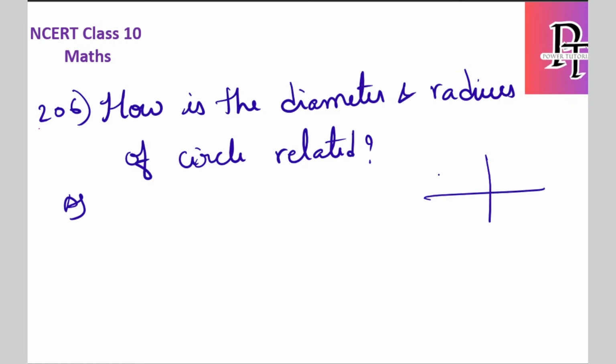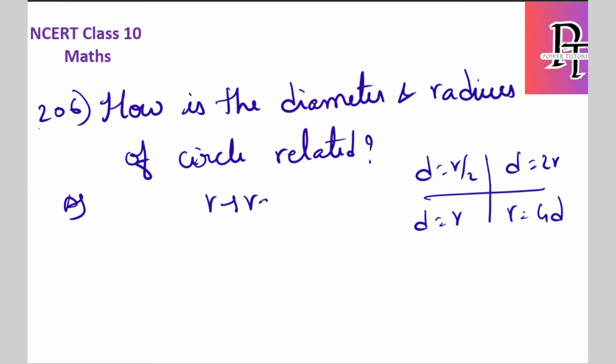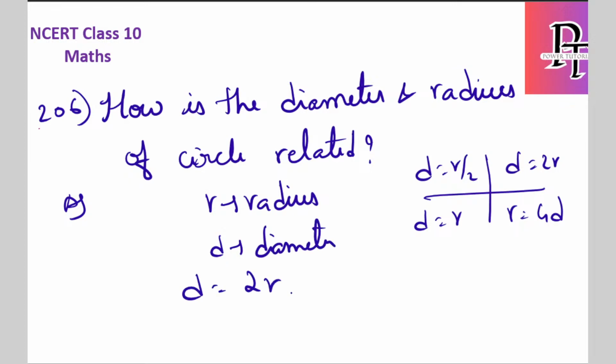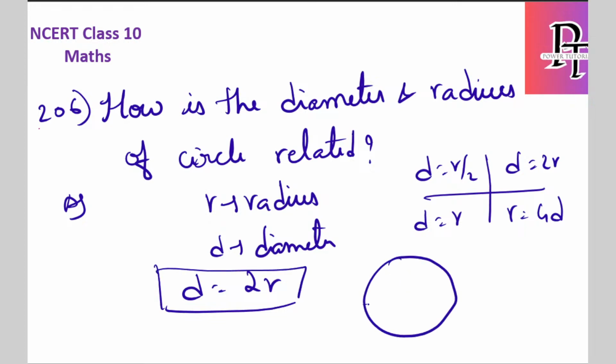Let's write the options. D is r by 2, D is 2r, D is r, R is 4D. So R is the radius, D is the diameter. So the relation between diameter and radius is diameter D is equal to 2 times the radius. Let's suppose this is a circle, then the diameter will be twice the radius.